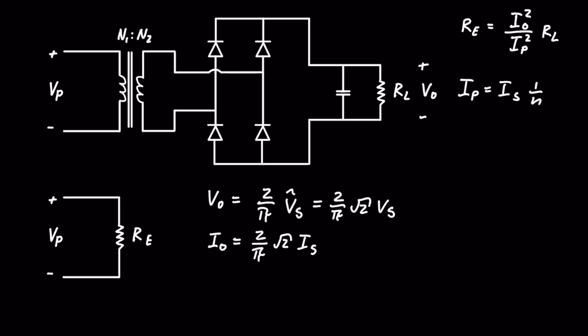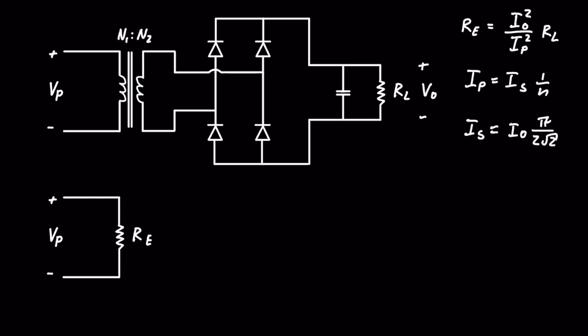If we rewrite this equation, we can solve for Is, and we'll get that it's equal to IO and then pi over 2 square root of 2. Now we can just put this one into this equation and solve for IP. So we have IP is equal to Is, which is IO, and then pi over 2 square root of 2, and then we'll just divide by N. Now we can put this equation into the equation for RE.